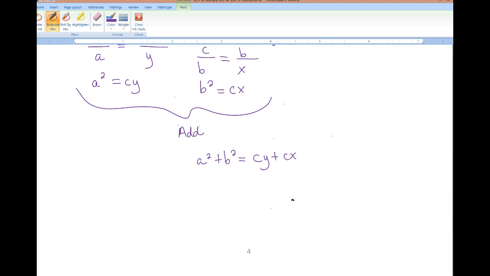I'm just adding. Like in Algebra 1, when you did process of elimination, you added or subtracted equations to solve. Remember, you would eliminate. You can always add two equations together, like you can add a squared and b squared and add these two sides. So what do we notice? On the right side, I can factor out c.